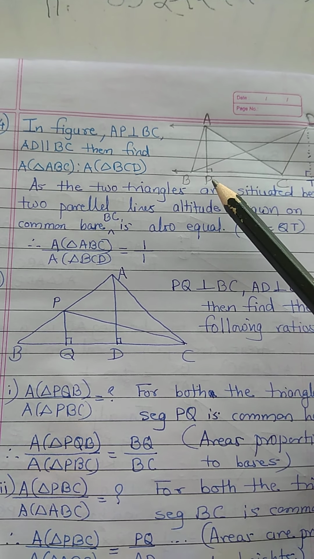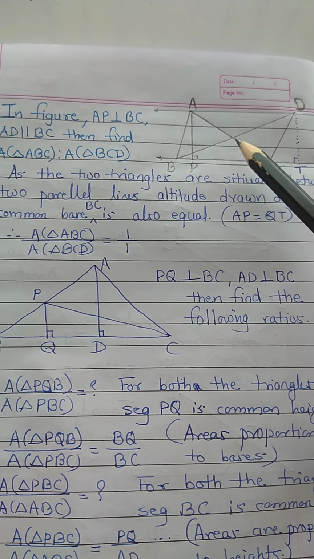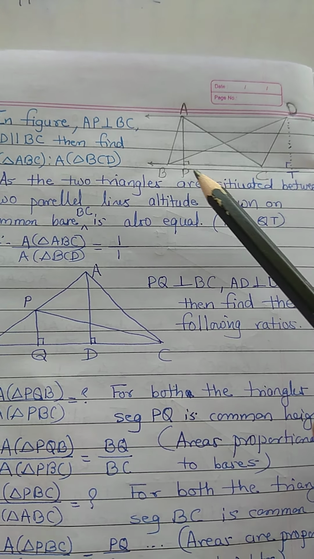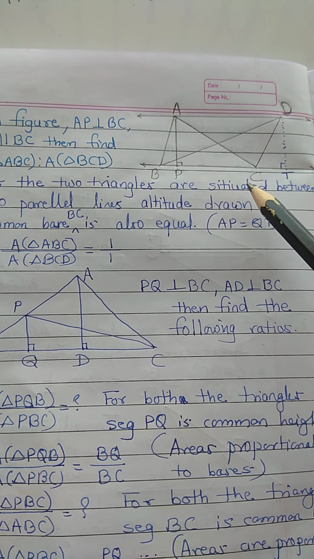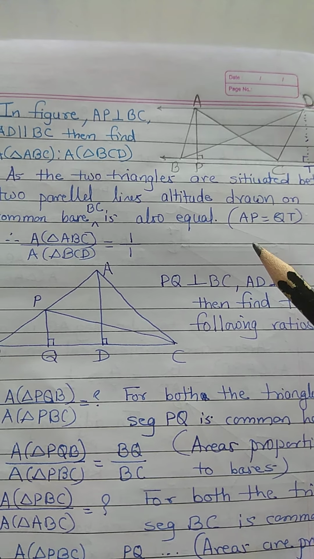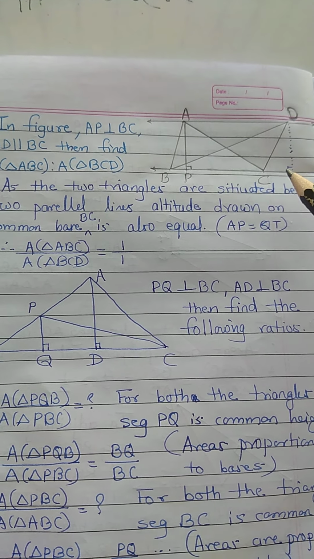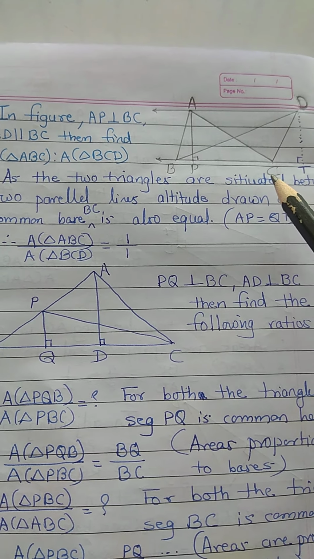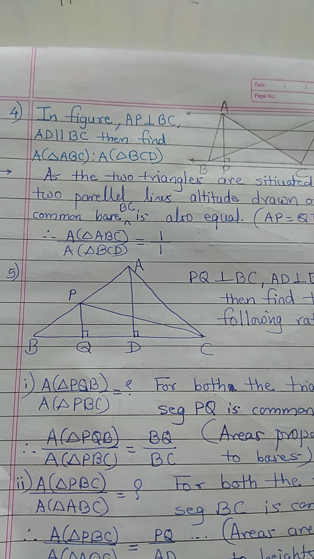This AP height is drawn on base BC for triangle ABC, and this DT height is drawn on base BC of triangle BCD. For both the triangles, the height is equal, drawn on the common base BC. As base is equal, heights are also equal.